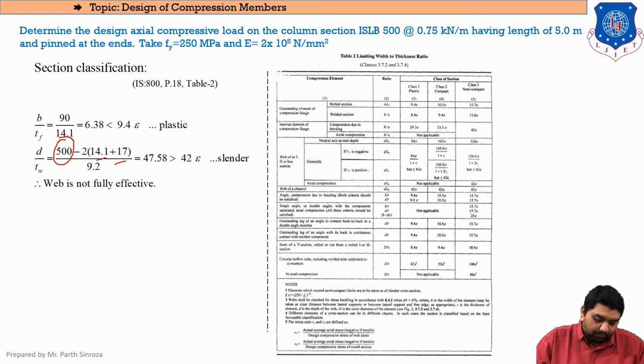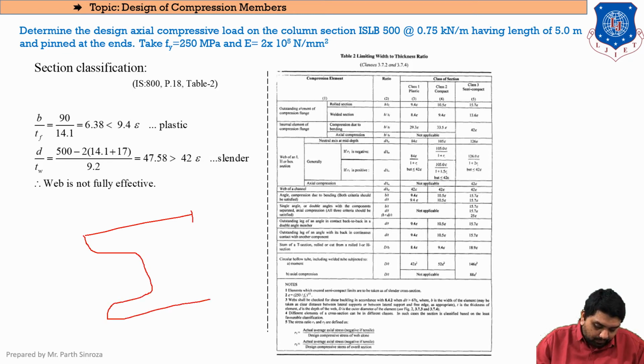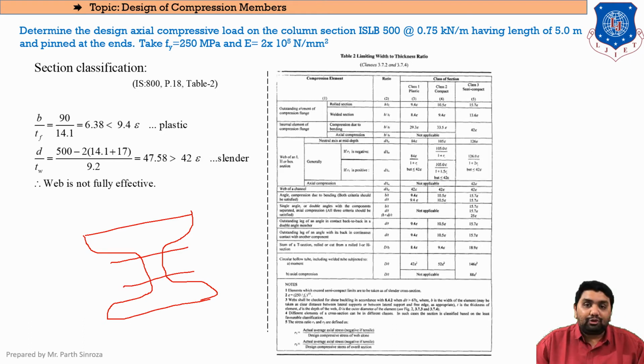Now how do we arrive at this? As you can see here, our I section is a rolled section that will be somewhat like this. And here we need to calculate only the depth of web. That means we only need to calculate this vertical portion. This overall, that is our total depth or height, was capital D, that is 500.